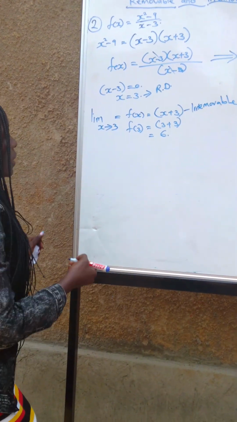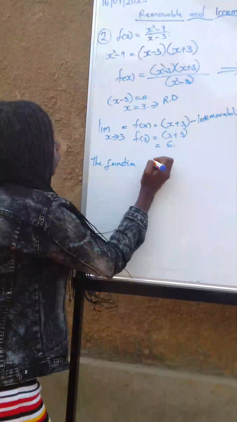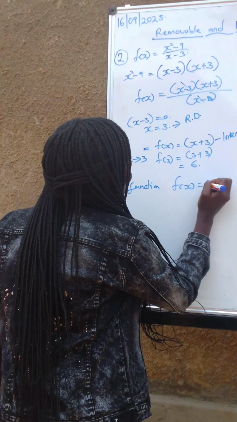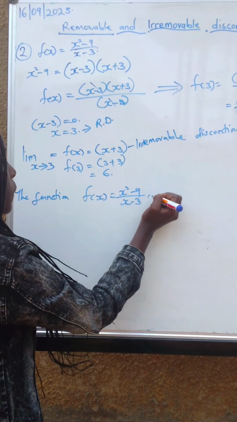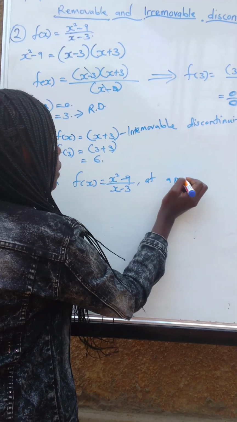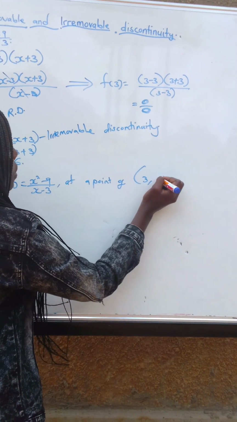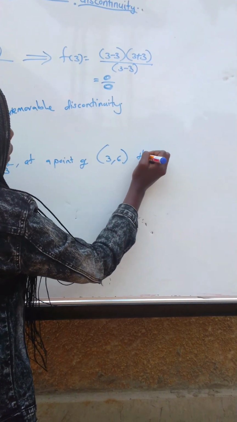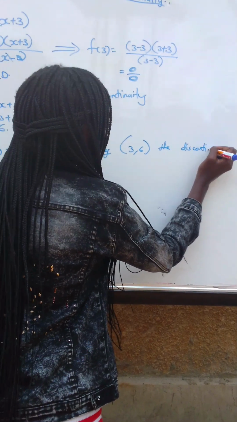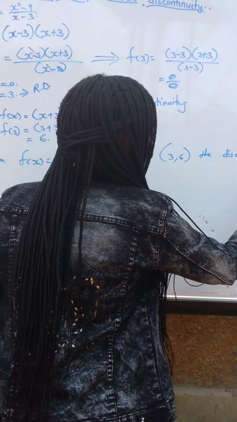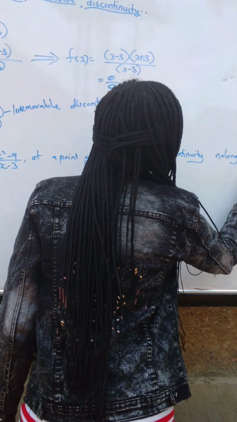Then we will say that the function f of x equal to x squared minus 9 over x minus 3, at the point (3, 6), the discontinuity no longer exists.